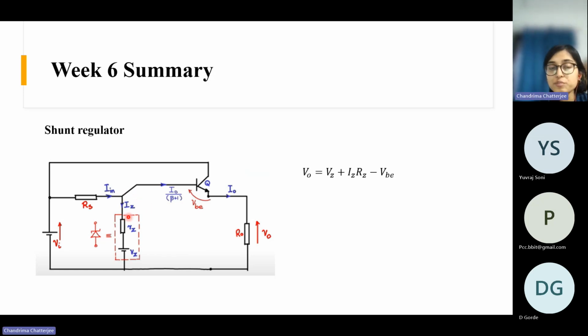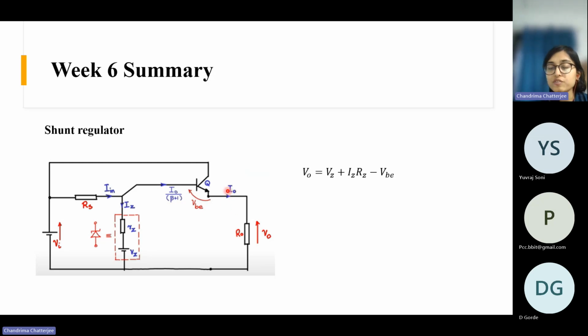And how does this improve the performance of the circuit? Because now the base of the BJT is connected here, the IZ fluctuation will be dependent on the base current of this BJT, not the entire load current.